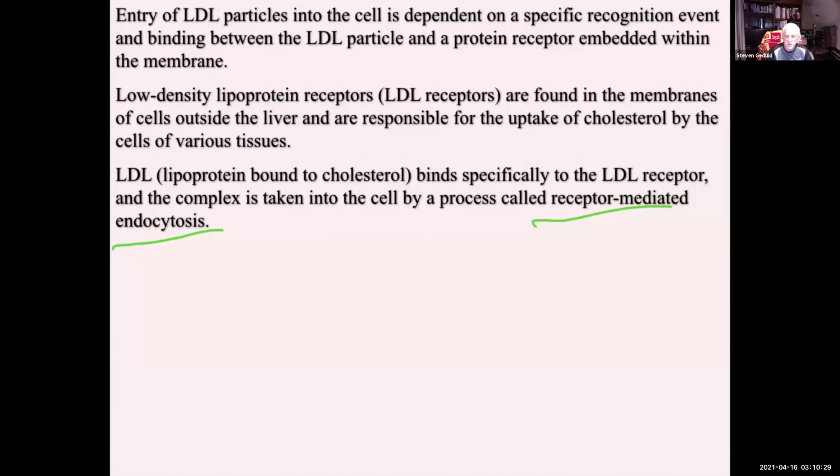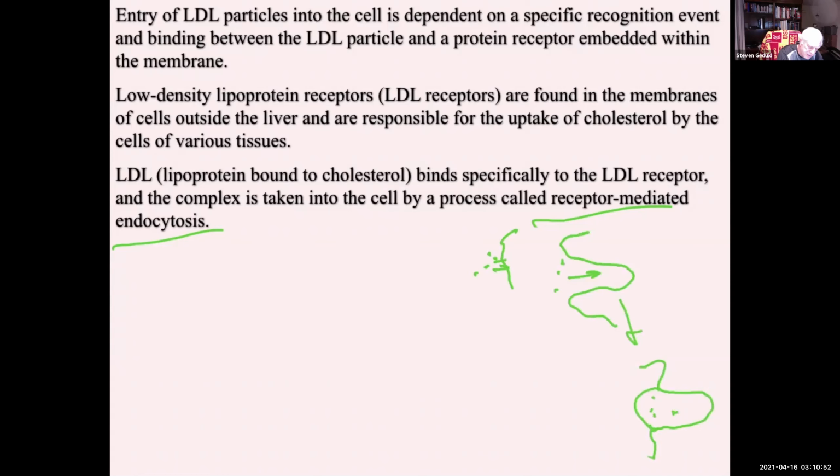Remember, endocytosis is when, here's your cell membrane and here's your cholesterol. They bind to these receptors here and it triggers the membrane to start to cave in. And then as it caves in even more, it starts to seal itself off, and that goes inside the cell.